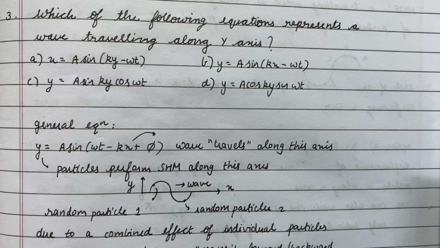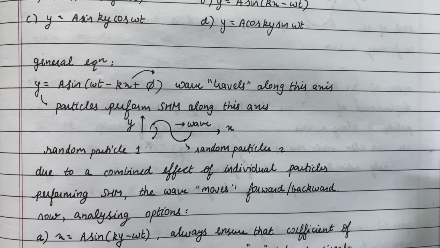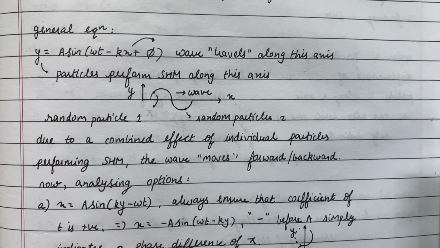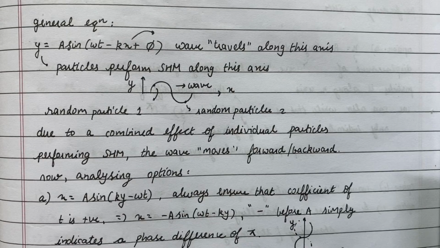And we must note that a wave is a collection of particles performing simple harmonic motion, and their combined effect gives us the impression of a wave traveling forward. The particles are always performing SHM perpendicular to the axis along which the wave seems to travel. Now, using this information, we'll analyze our options.